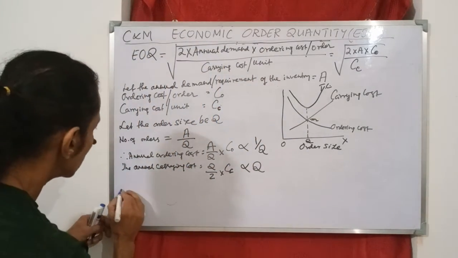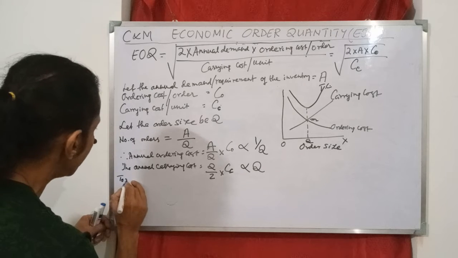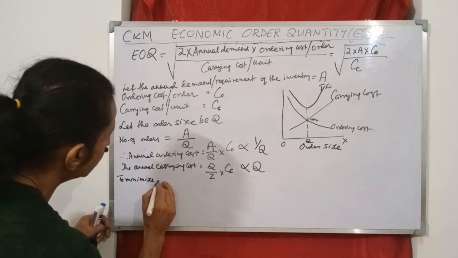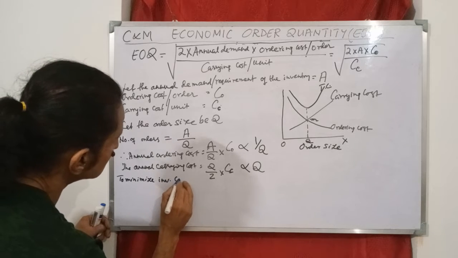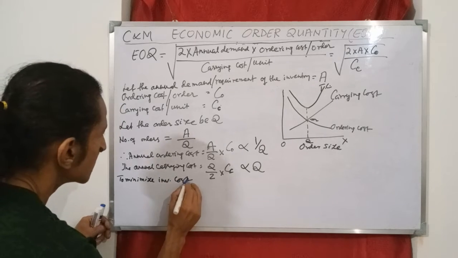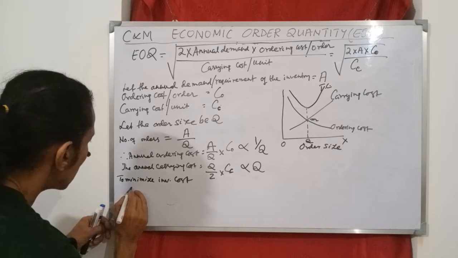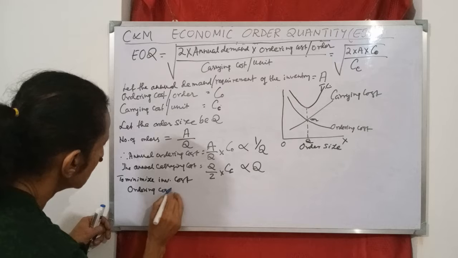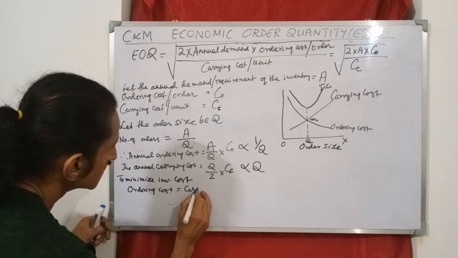Now, therefore, to minimize inventory cost, ordering cost must be equal to carrying cost.